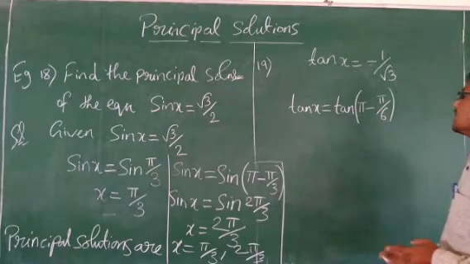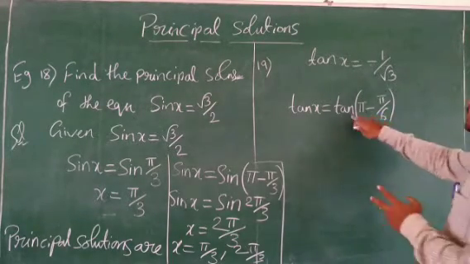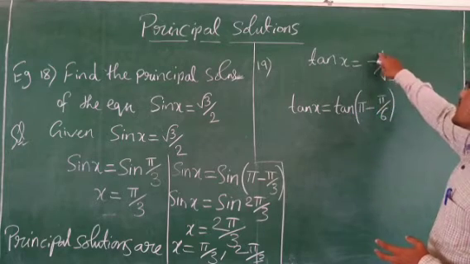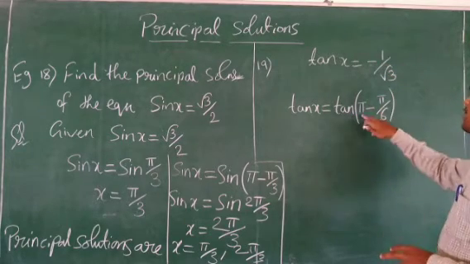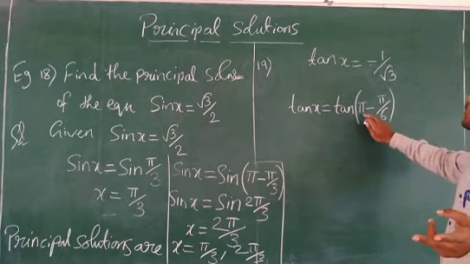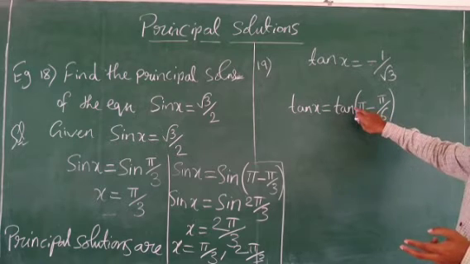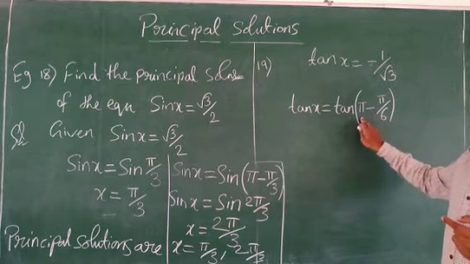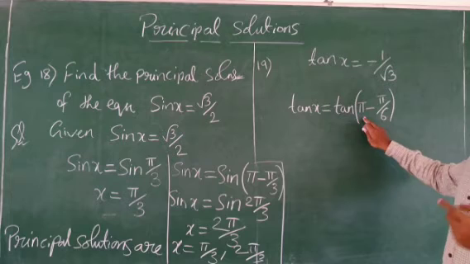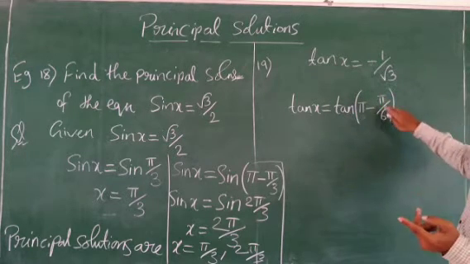Now you can calculate this, you will get minus 1 by root 3. Pi minus any angle will come in the second quadrant. In the second quadrant tan is negative, so you get minus. Then this is an even multiple of pi by 2, 2 into pi by 2, even multiple. So tan will remain tan, and pi by 6.